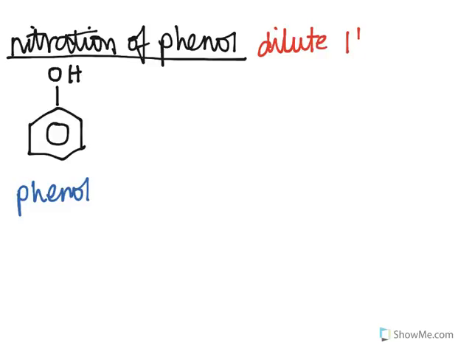If we want to nitrate a phenol, we can use dilute nitric acid rather than concentrated, with concentrated sulfuric acid. The electrophile that we generate, that's doing the reacting, is the same, NO2+.